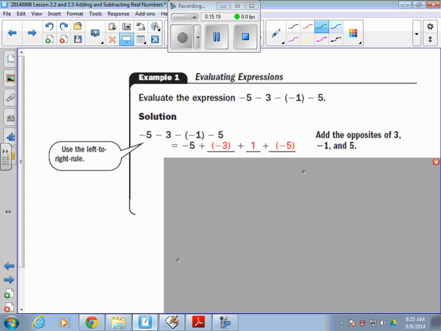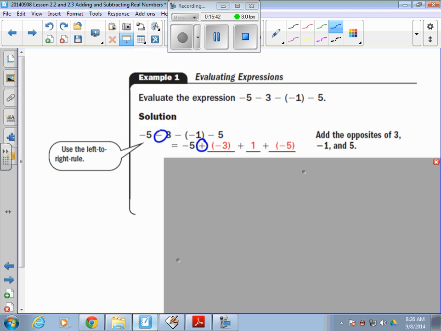Here's example 1. Negative 5 minus 3 minus negative 1 minus 5. We have 4 things. Use the left to right rule. Negative 5 minus 3 is the same thing as plus a negative. Notice from here to here, it became plus a negative. Minus negative 1 becomes plus 1, again plus the opposite.